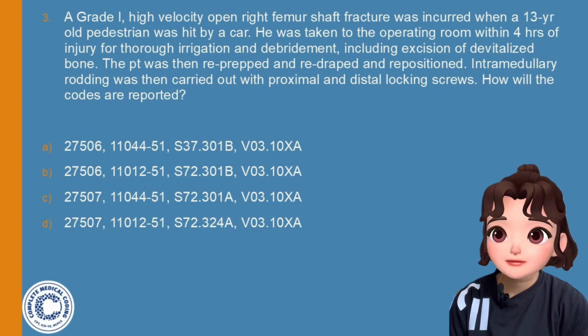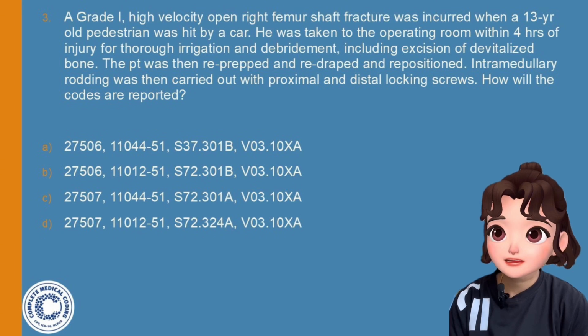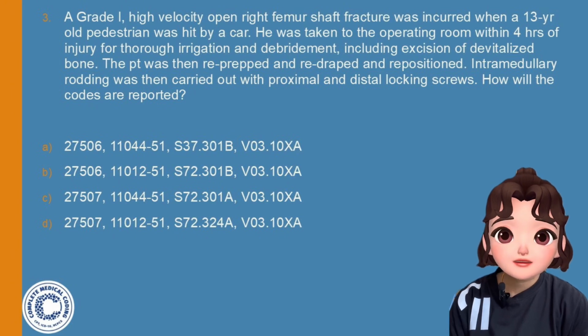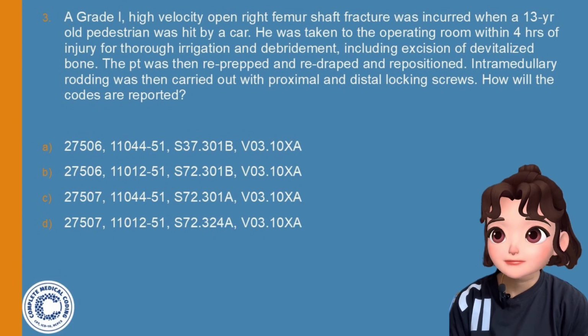So this is an open treatment. This is the exact description of what is mentioned in our question. And then in our question it's mentioned at last intramedullary rodding was carried out with proximal and distal locking screws. That is also included in the CPT description of code 27506. With insertion of intramedullary implant, with or without locking screws.